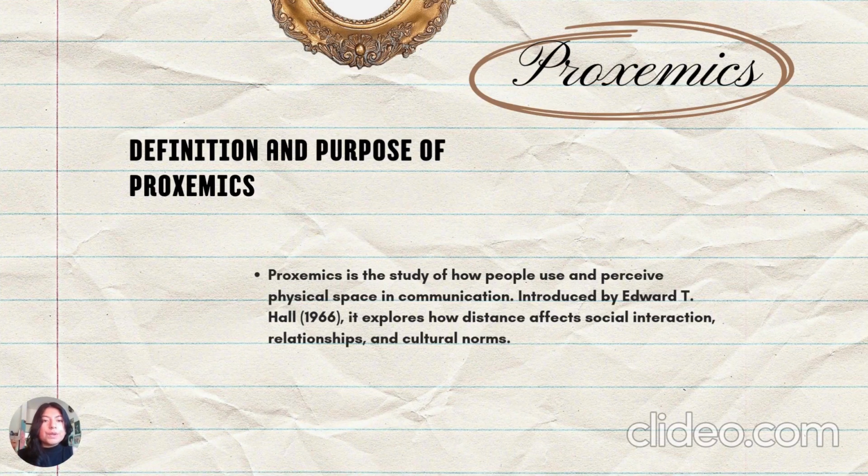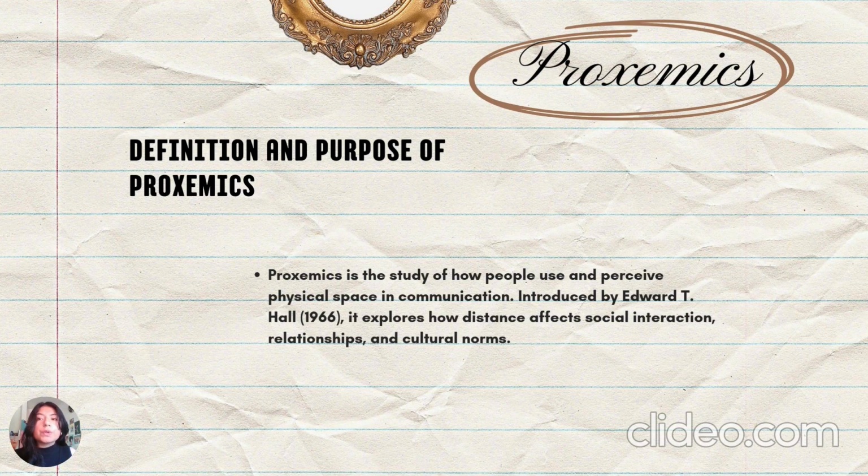Okay, to continue the explanation, I'm going to define what proxemics is and its purpose. Proxemics is the study of how people use and perceive physical space in communication. This term was introduced by Edward T. Hall in 1966.